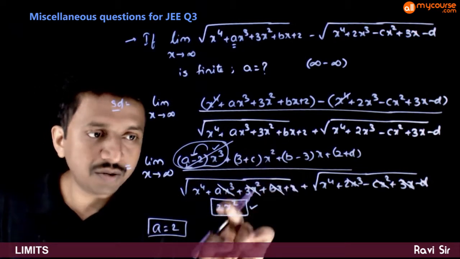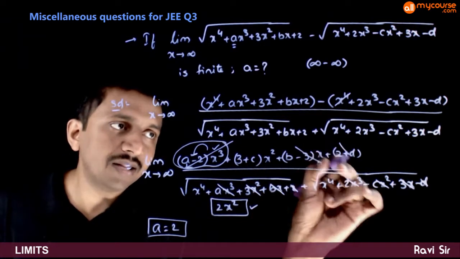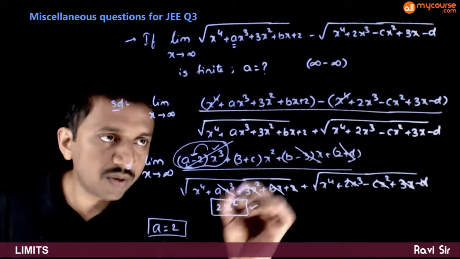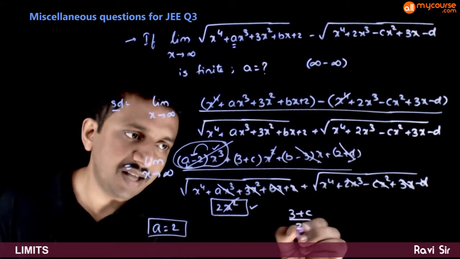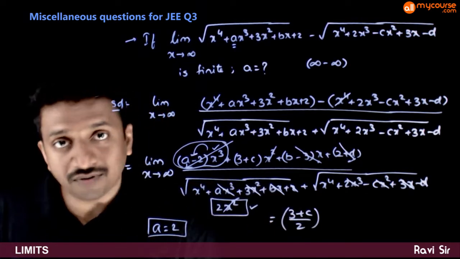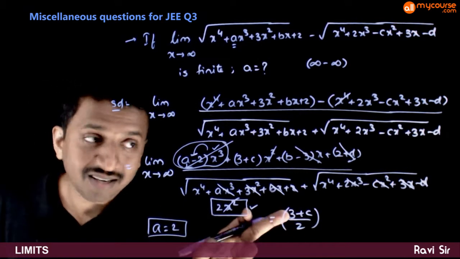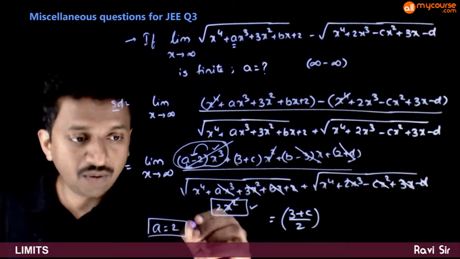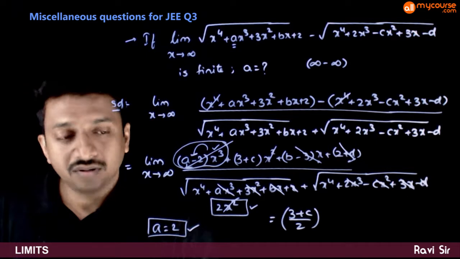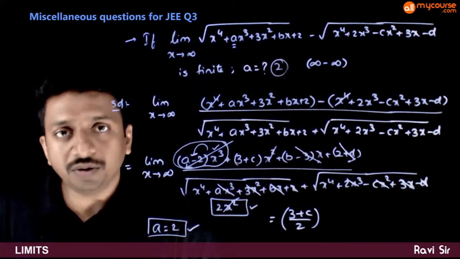In the numerator also you have x square as the highest power, so you can neglect all the rest. x square and x square get cancelled, and the limit is (3 plus c) by 2. This is the value of the limit, and this is a finite number, and this happens only if a is equal to 2. So this is the answer to this question: a is equal to 2.